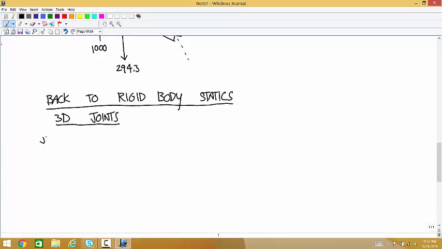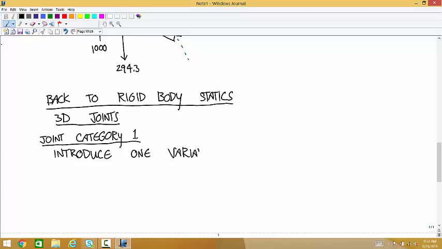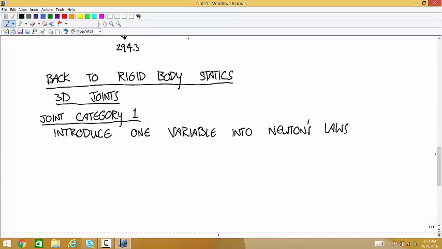So joint category 1: these are joints that introduce one variable into Newton's laws. There are 2 in this category, a frictionless contact and a roller. So the first one, frictionless contact.